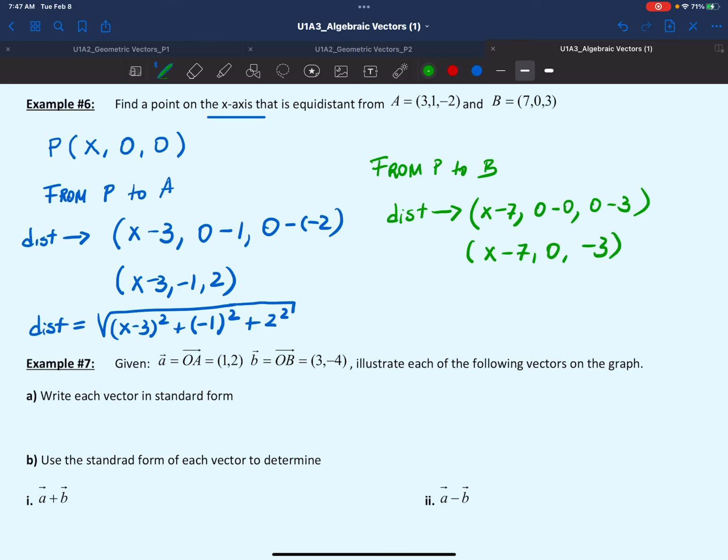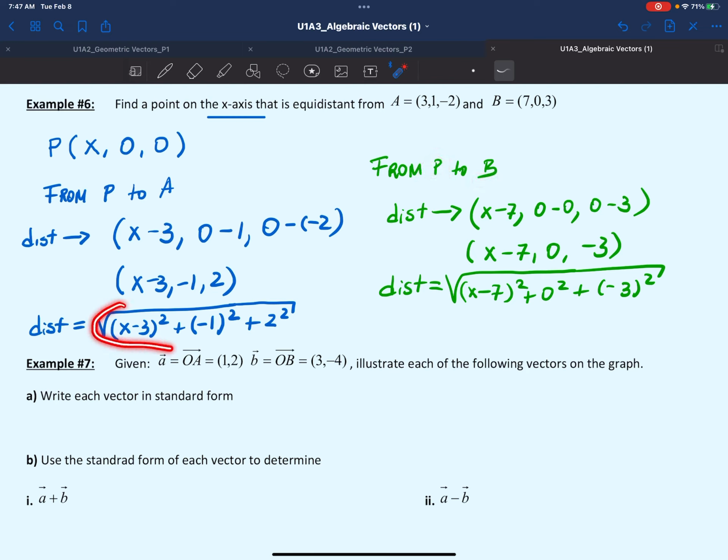So this distance in particular would be equal to square root of x minus 7 squared plus 0 squared plus -3 squared. So we want these two distances, the distance of P from A and the distance of P from B, to be equal. In other words, we want this length equal to this length.